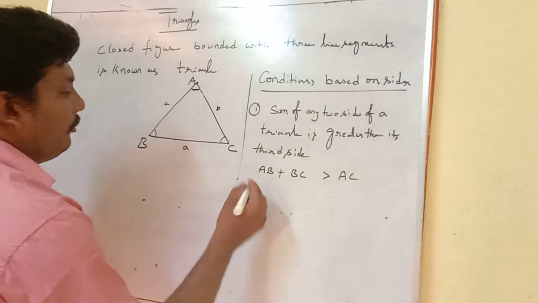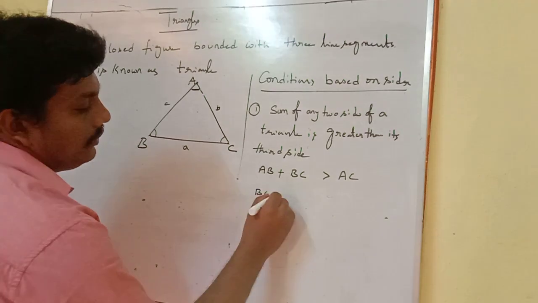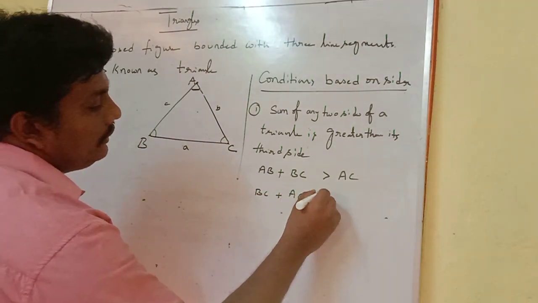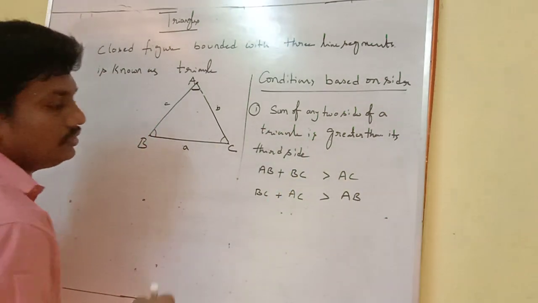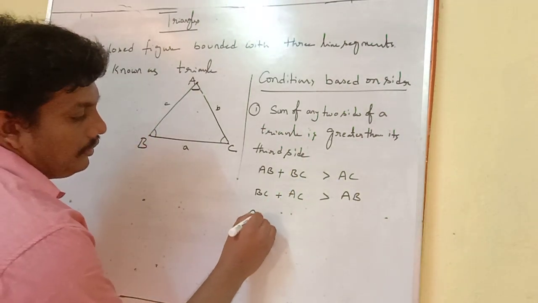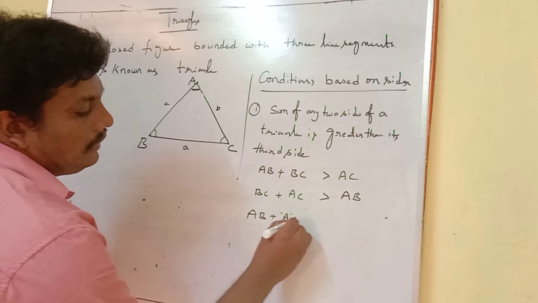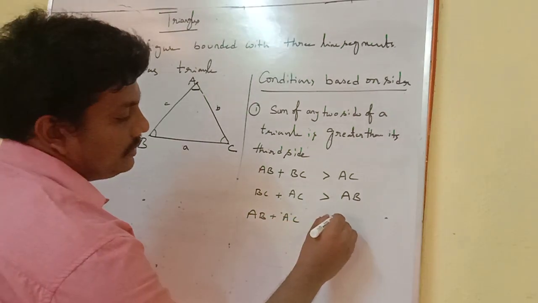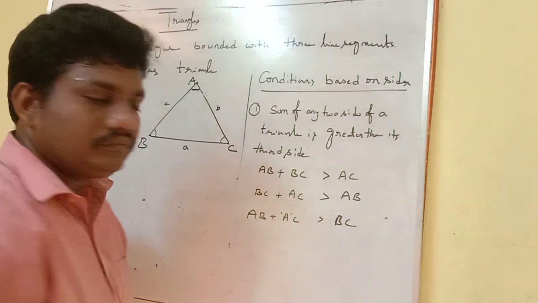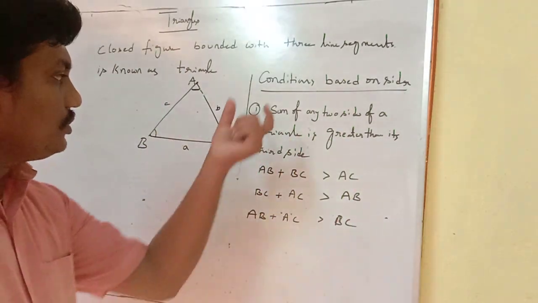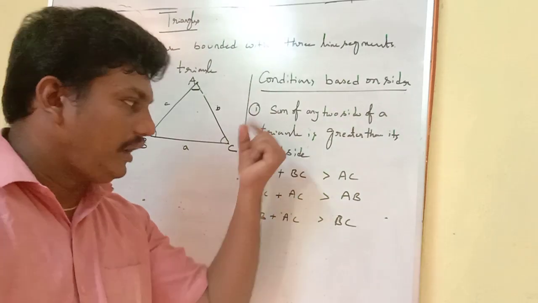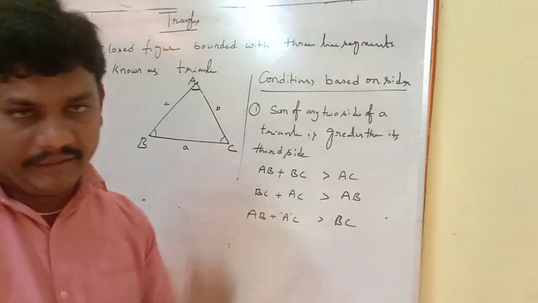Similarly, we can take BC plus AC is greater than AB, and AB plus AC is greater than BC. So this is the first condition: sum of any two sides of a triangle is greater than its third side.